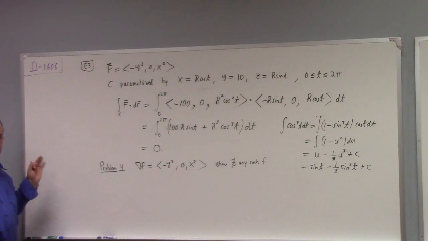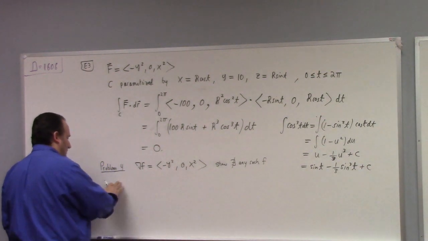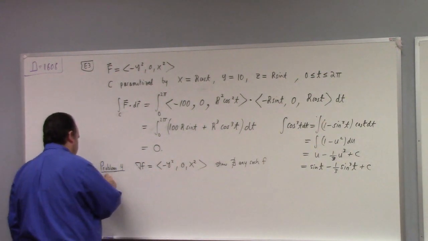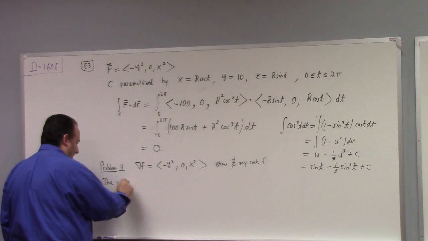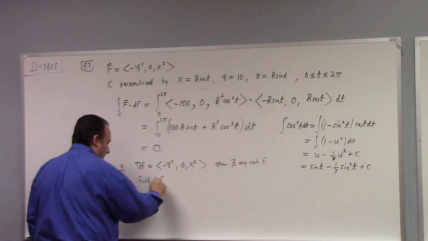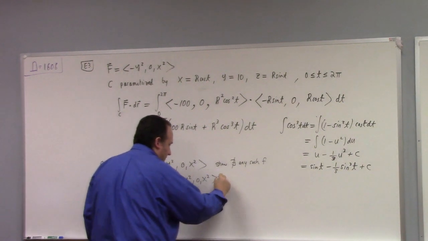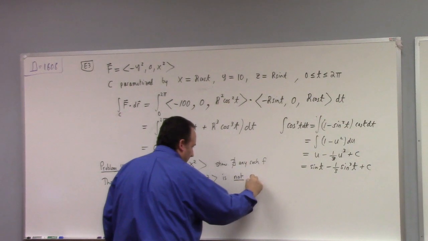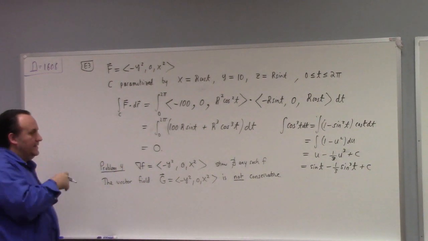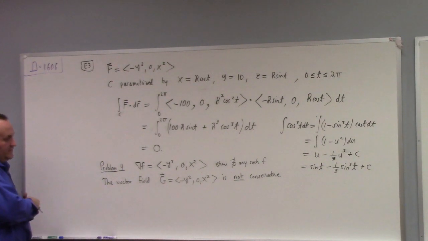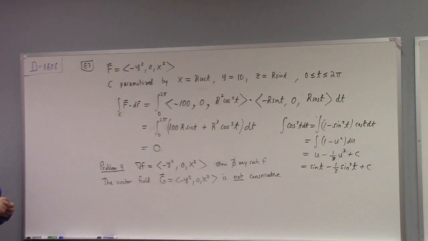It's possible for this to happen. In the language I'll talk about more tomorrow, the vector field G equal to minus y squared, 0, x squared is not conservative, and yet this example shows that this non-conservative vector field nevertheless integrates around a circle to give 0. That can happen.